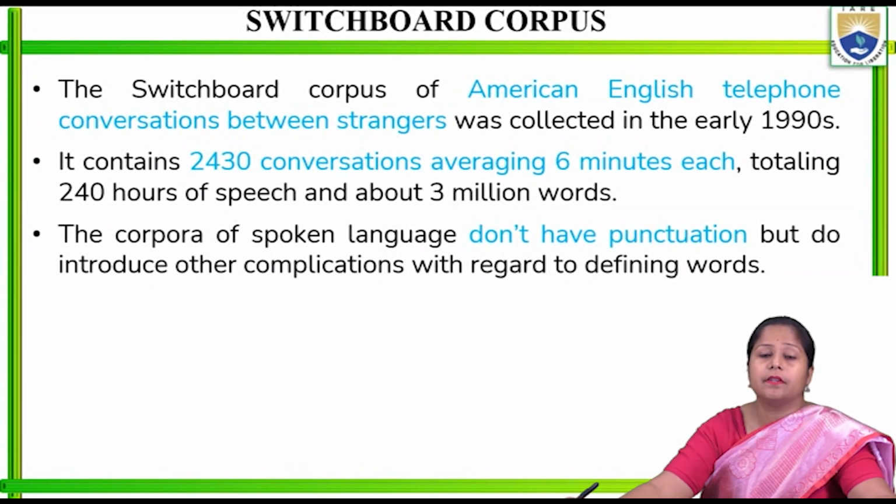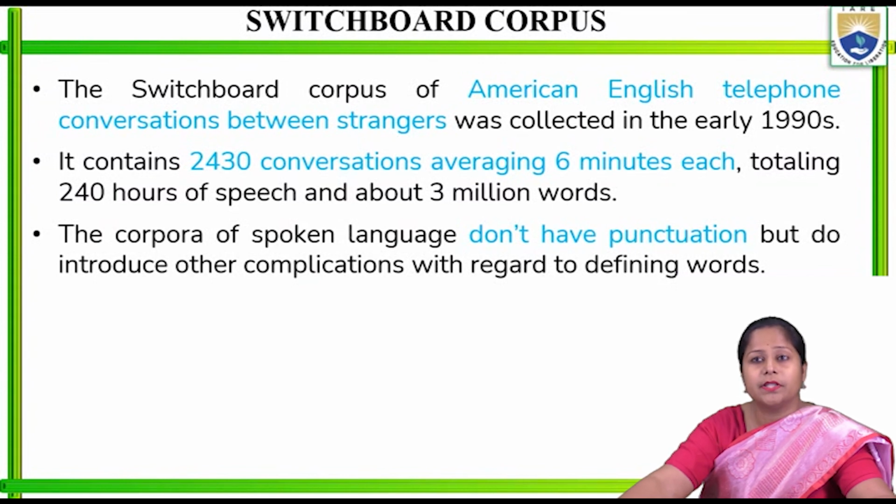Now let's discuss what the Switchboard corpus is, which we saw in the table also. It is basically telephone conversations between strangers, which make documents, and the collection of documents has become the Switchboard corpus.